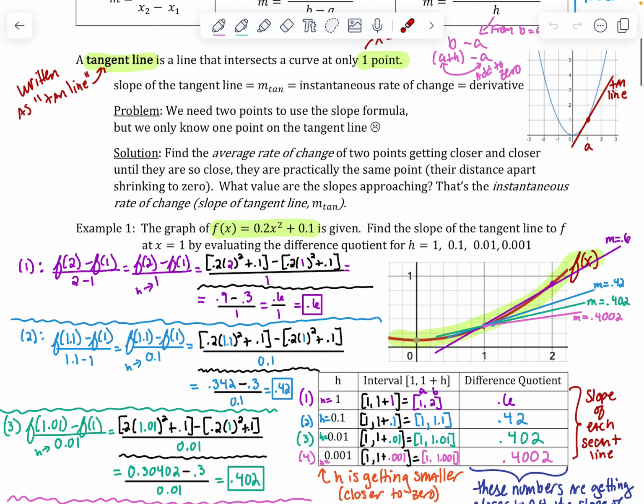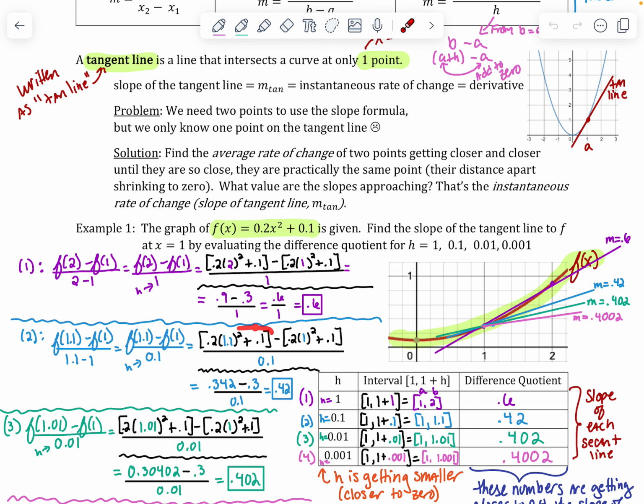But we want to be closer than that. We'd rather be a tenth away. We want h to be 0.1. But notice if I took x equals 1, because that's what I was given, and I add 0.1 to 1, I get 1.1. So my second line is to go from 1 to 1.1, which is only a 0.1 distance apart.